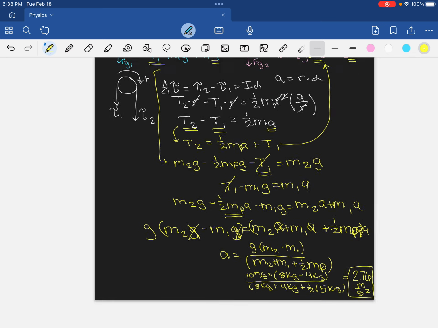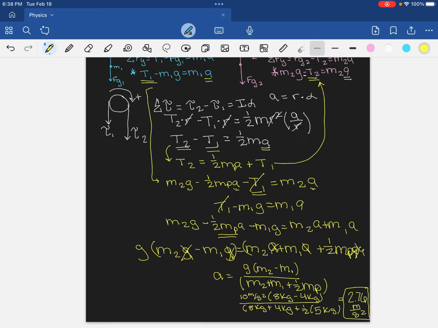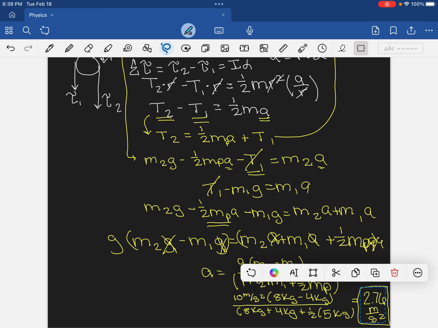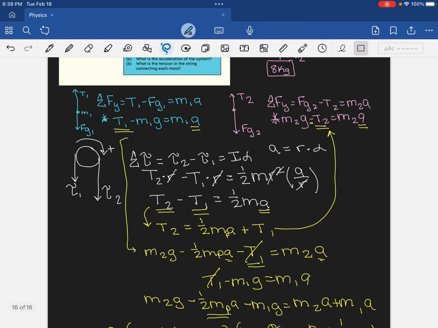Now, that solves for the first portion of that problem. So now what we're going to do is take this variable. Let's go ahead and grab this. We're going to make a copy. And we are going to use that and my tension equations to solve for the tension in my two strings. So again, here is my acceleration.